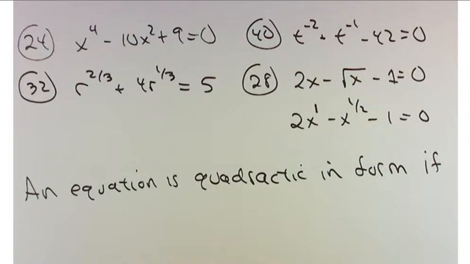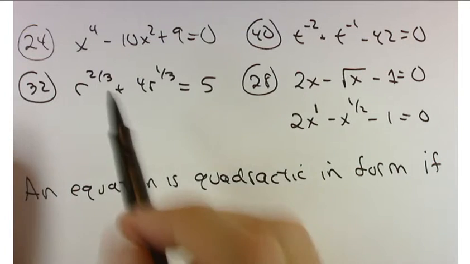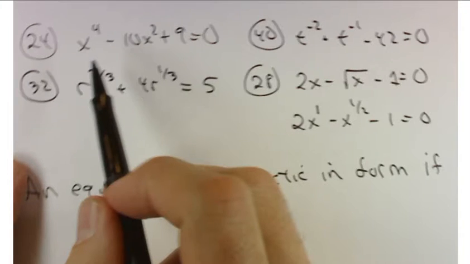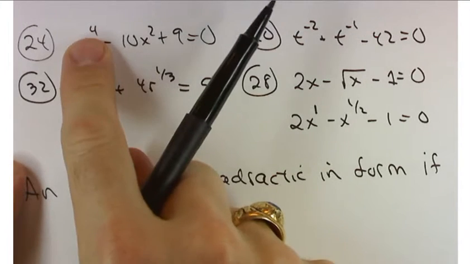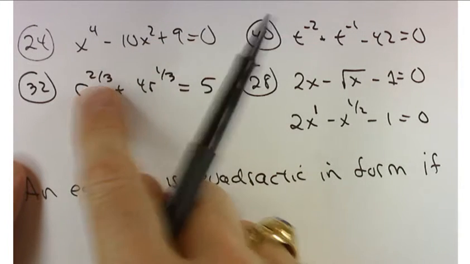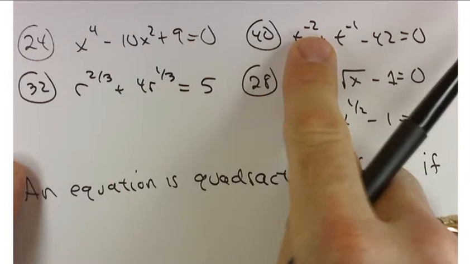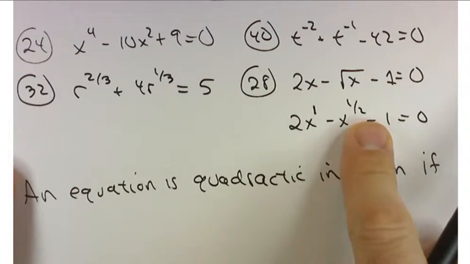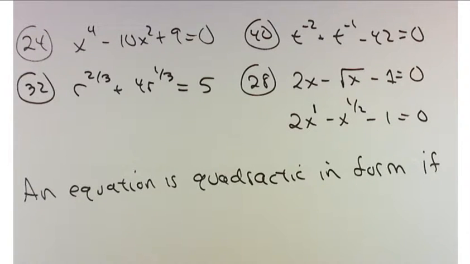Let me shift these. Okay, so the pattern is that the middle exponent is half of the leading exponent. So half of 4 is 2. Half of 2/3 is 1/3. Half of -2 is -1. Half of 1 is again 1/2. So that's the pattern, and it's a pattern you're going to have to recognize.